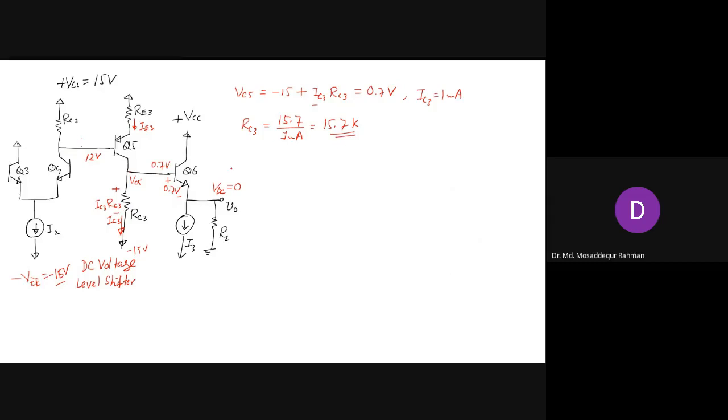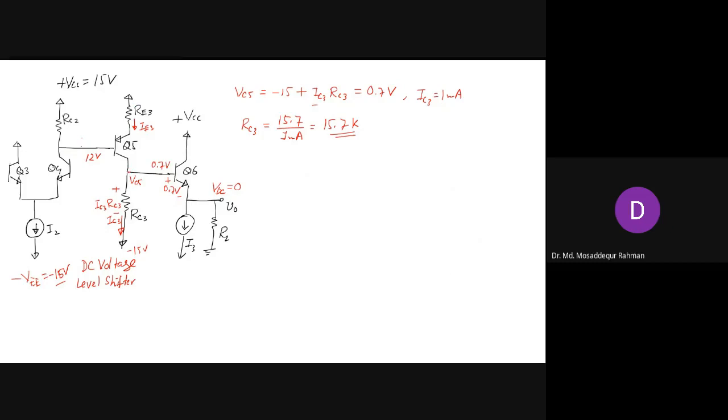That's the value we come up with for RC3, assuming IC3 is 1 milliampere. Is that clear, guys? Yes, sir. If you have any questions, let me know. So that's how we can fix the voltage to be 0.7 here.